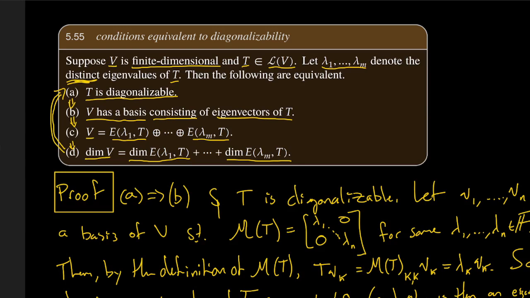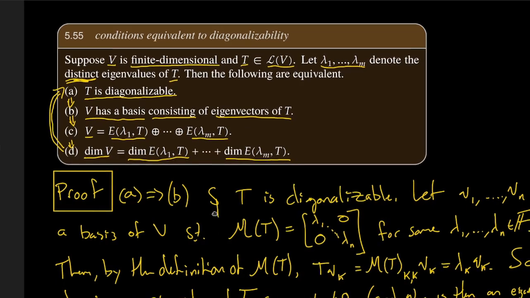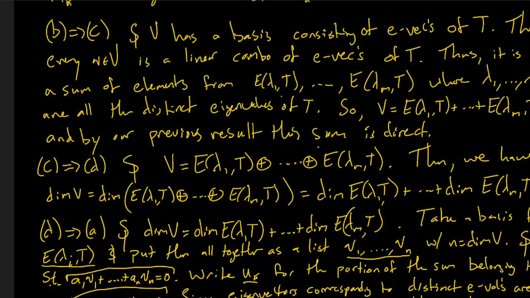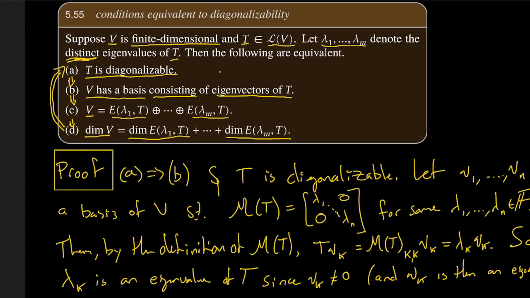Okay, cool. There's a nice little consequence to this thing, which says the following. That is, if V is finite dimensional and T is a linear operator on V, and it has the dimension of V distinct eigenvalues. So if you have as many distinct eigenvalues as there are elements in any basis of V, then T is diagonalizable. So this may seem like something that's a little bit strange and hard to get to.